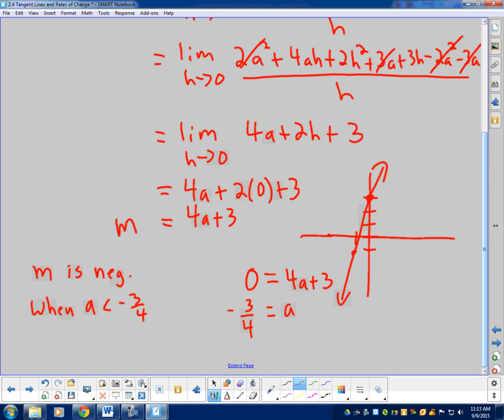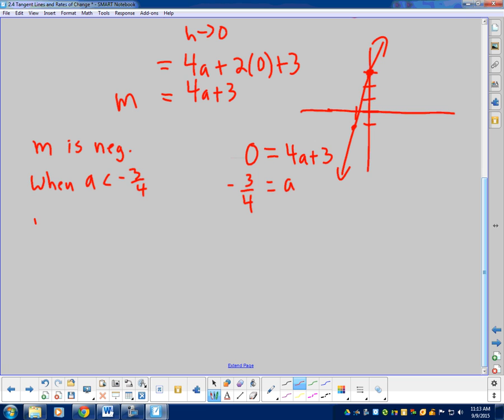And m is 0 when a equals negative 3/4. And m is positive when a is greater than negative 3/4.